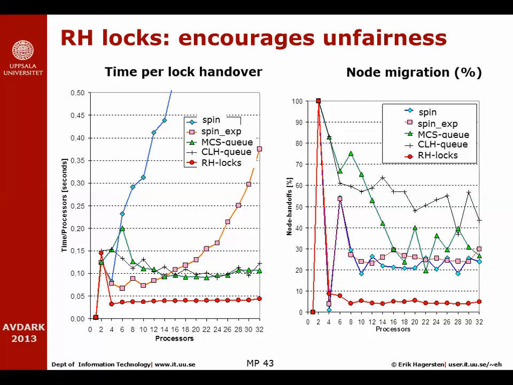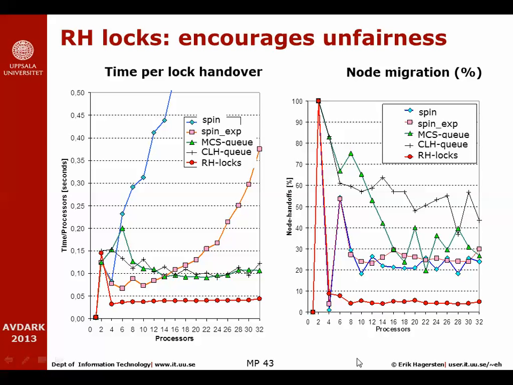Since he had an implementation that was promoting unfairness, he wanted to promote his neighbors. The likelihood that his lock had to jump to a different node stayed down at a very controlled number, 5%. So he designed this lock to be unfair 20 times. When he'd been unfair 20 times, he forced the lock to go to somebody else.